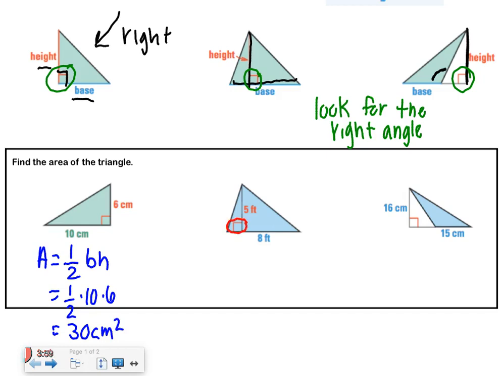Again, here's my right angle, there's my height, here's my base. Area equals half base times height. Half times 8 times 5. Half of 8 is 4. 4 times 5 equals 20 feet squared.